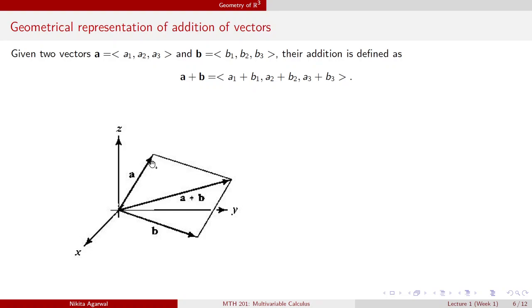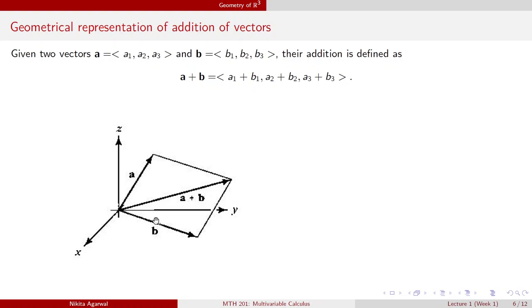This is the parallelogram that you see here. Now look at the diagonal which starts from the origin (0, 0, 0). The vector that this diagonal of the parallelogram describes, which I have drawn here, is nothing but a plus b, the addition.